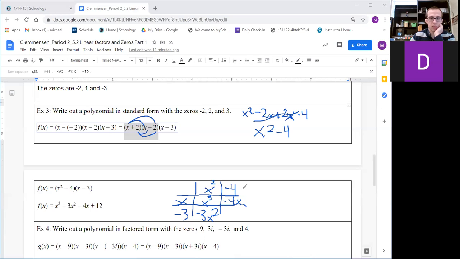And then -3 times -4 gives me that +12. Then I just put everything together in order. X cubed minus 3x squared minus 4x plus 12. And that would be my final answer, because now I'm out of factors to FOIL.